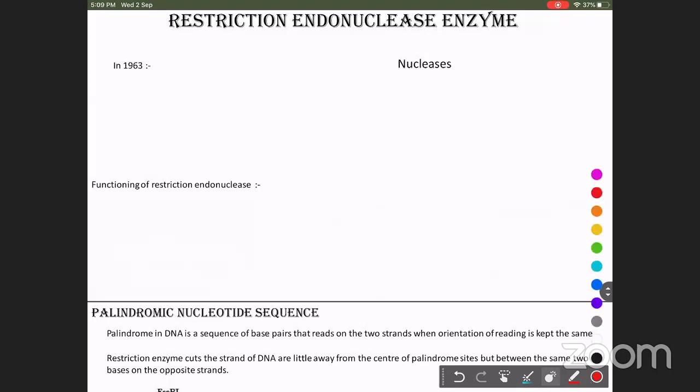Okay, so now we will move further. As we have already seen, I am writing again, so I think we will take the screenshot.